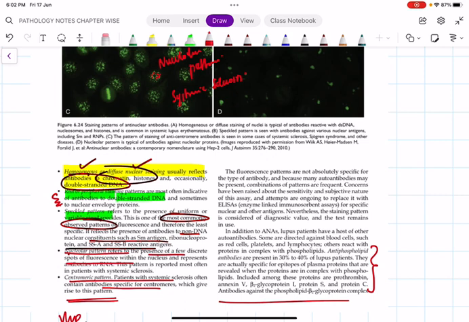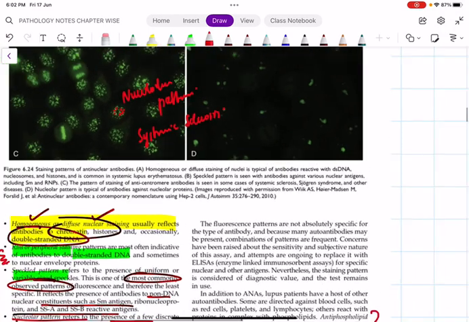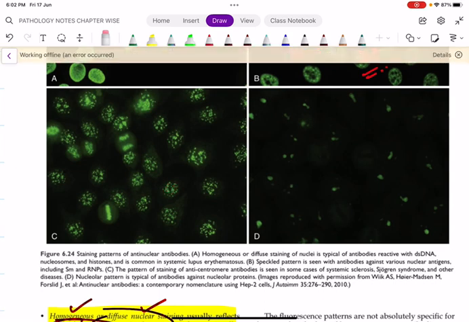And finally, picture D. Sorry, picture C is anti-centromere. These are anti-centromere antibodies, which you can see only in scleroderma or systemic sclerosis.